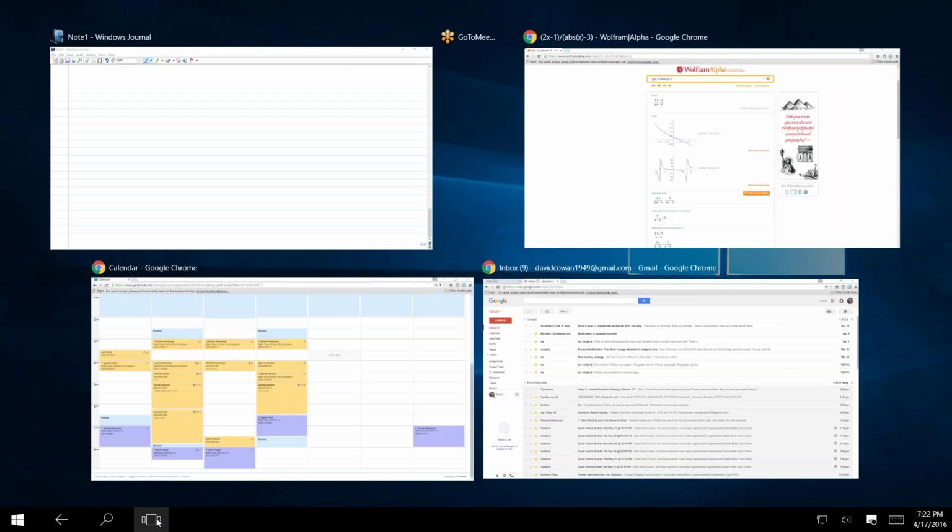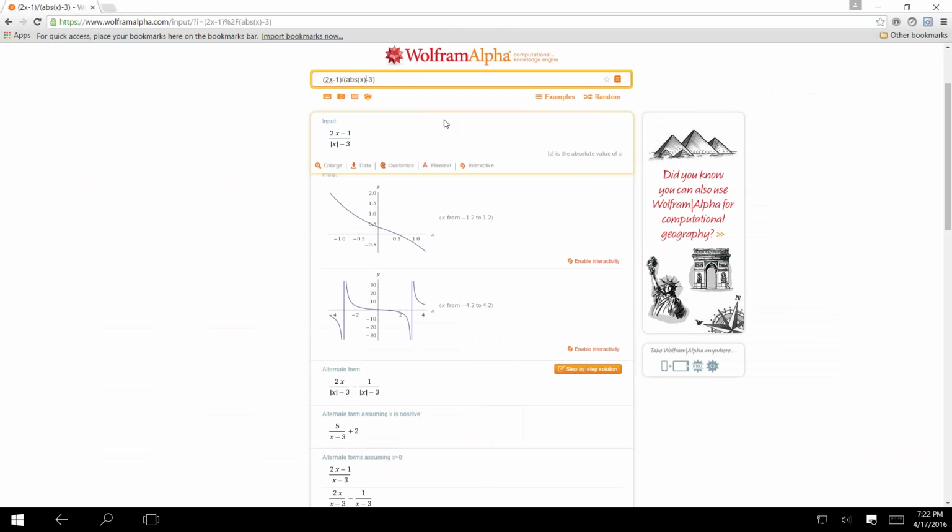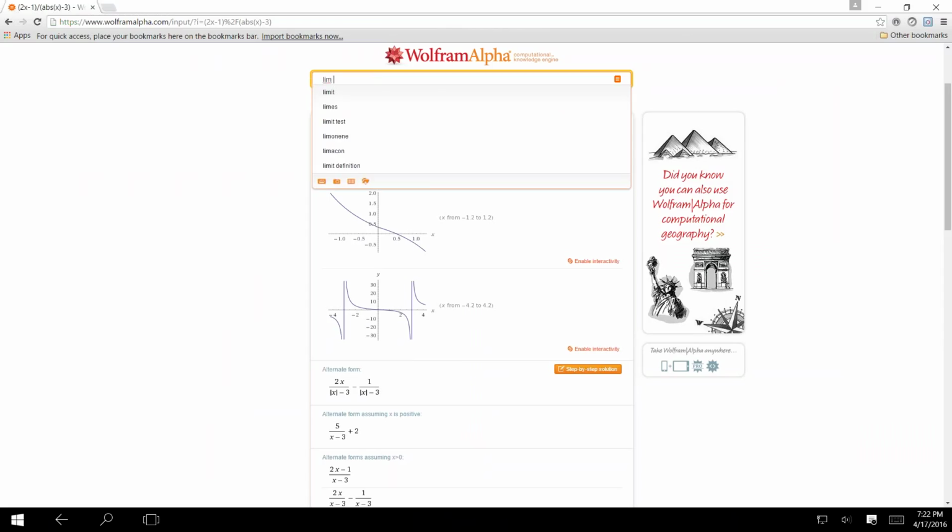I actually think Wolfram Alpha does limits also. Let's just see. If I put in the limit of the absolute value of x divided by x, let's see what happens.